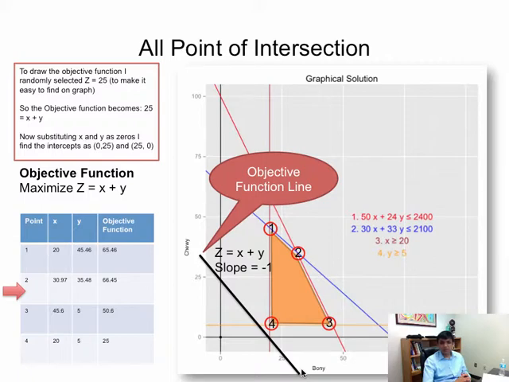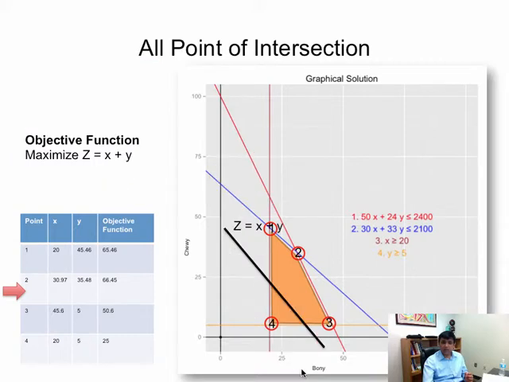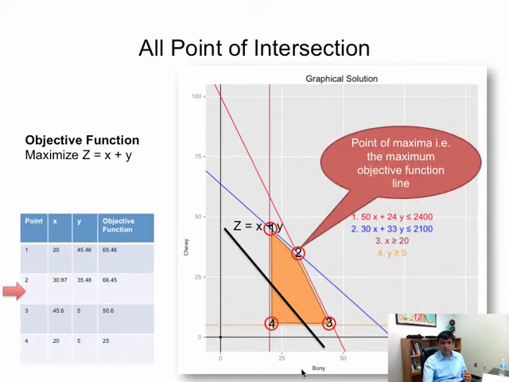As a next step, I'm going to increment the value of z to a higher value. This is what will happen. The slope still will be the same. However, the line will move to a higher value of x and y, maybe something like this, depending on the new incremented value of z. This process can be repeated slowly, and the objective function line will move outwards.